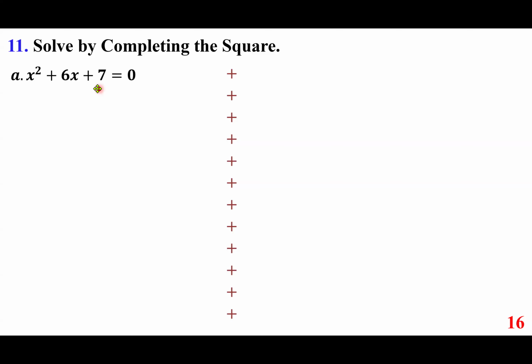We want to solve this by completing the square. The first step is to move the 7. And bear in mind a is 1. So b is 6, divided by 2 is 3, squared is 9.